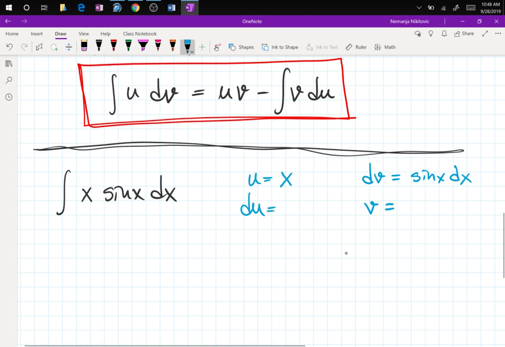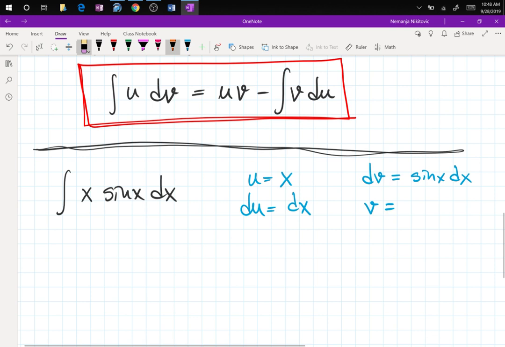So I am choosing x there because what is going to happen to this x when I differentiate? Well, it's going to die. Gone, right? And that's the reason why I picked the polynomial to go in for u. Because once I differentiate, that polynomial is gone.